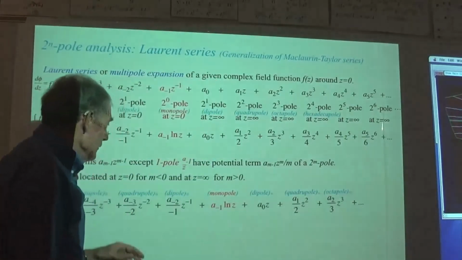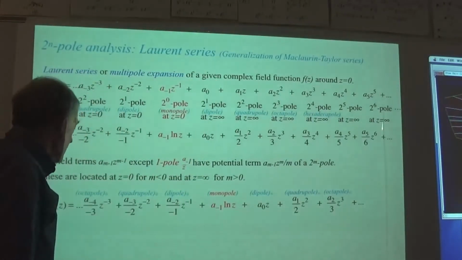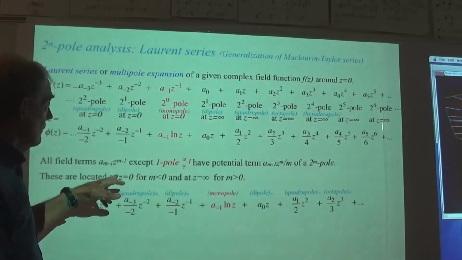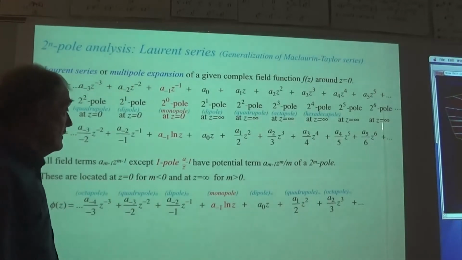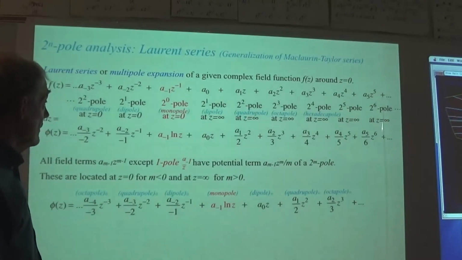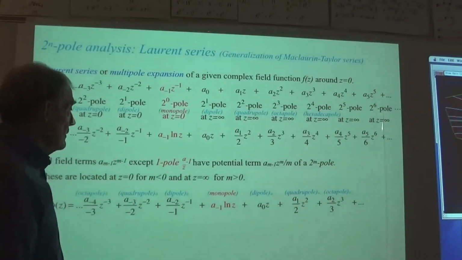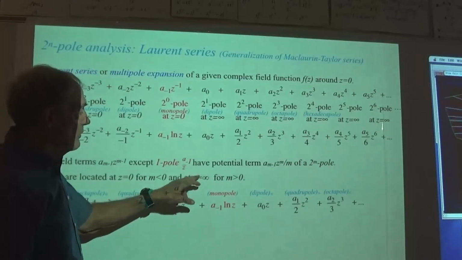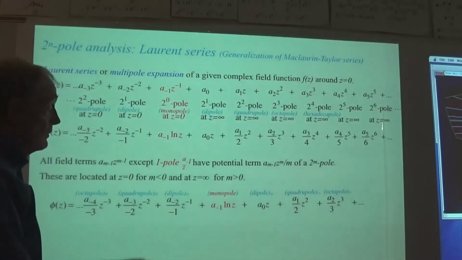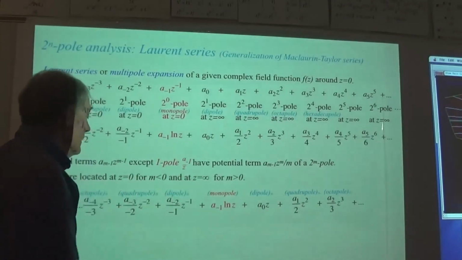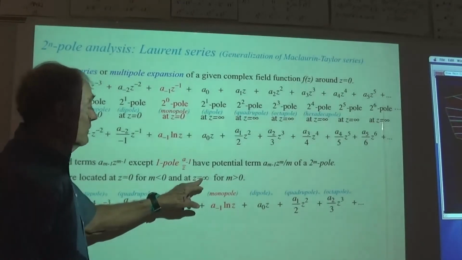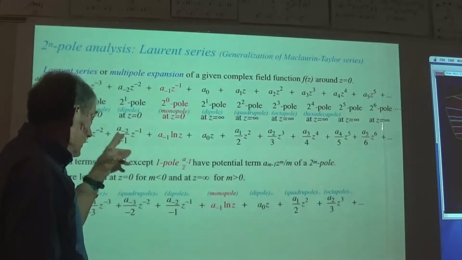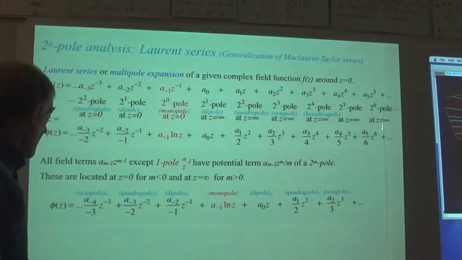This guy right here, okay, for m less than 0, the negative powers, these guys right here, they correspond to something that's going at infinity. Now we're just talking about here m greater than 0, but you're at infinity for that. You're located at home for that one.